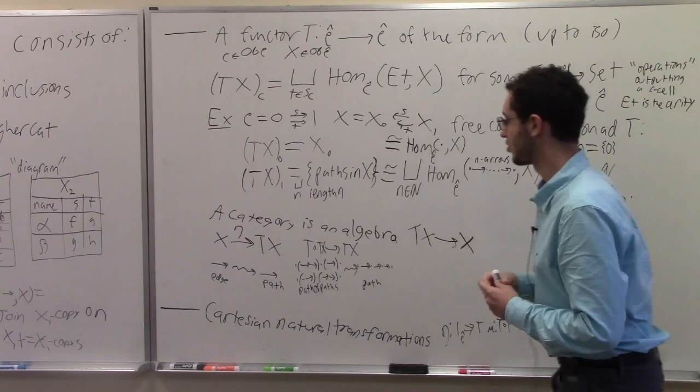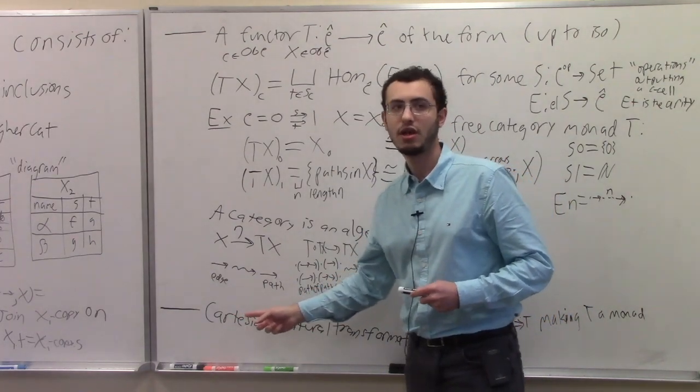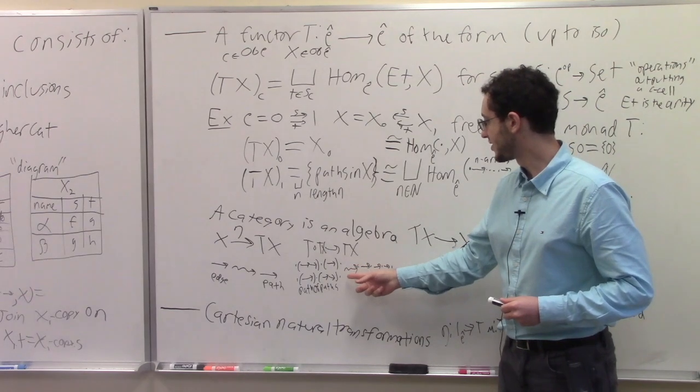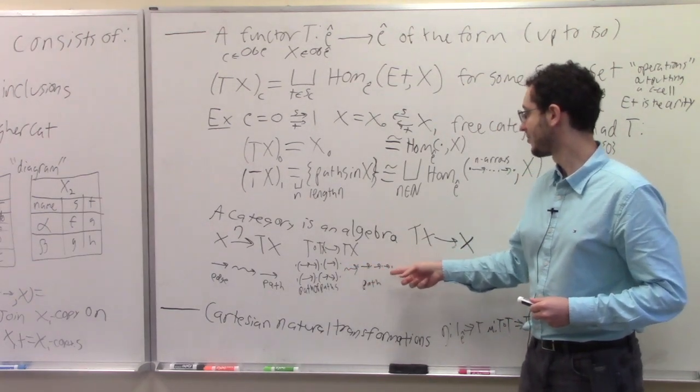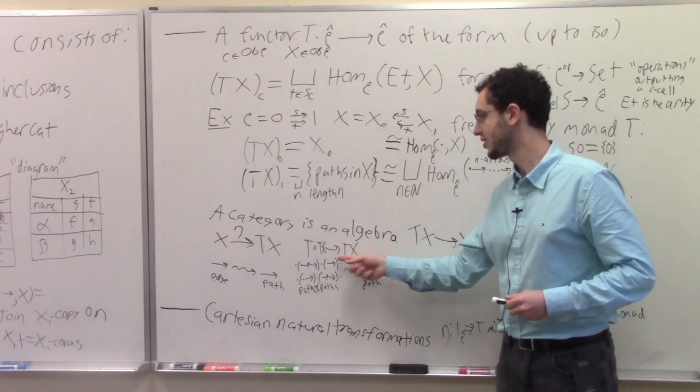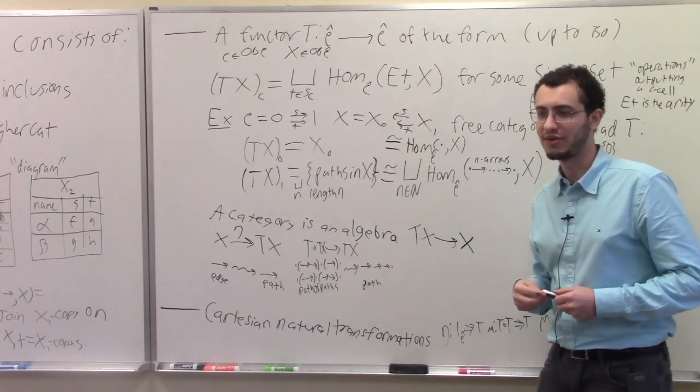And I'm not going to talk too much about why these have to be Cartesian, but the point of it is that up here we see that this diagram is actually the same as this one, as the ones here, when we ignore the parentheses.